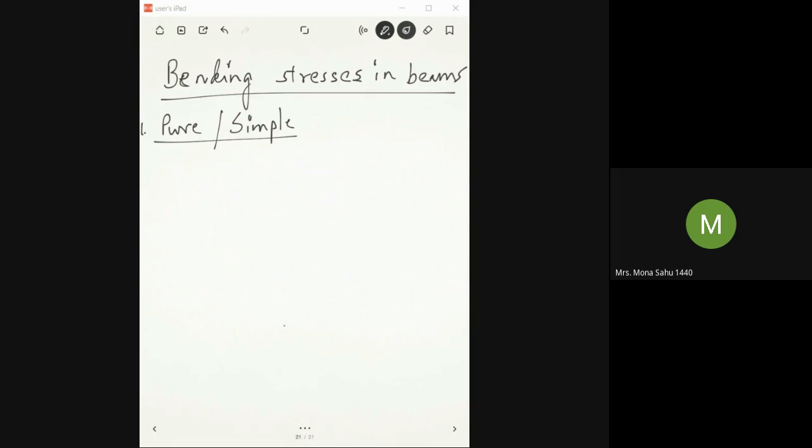So let's draw an overhanging beam. So this is your overhanging beam. And you have two loads on this. So this is one load and this is the other load. Both are W. Okay. And A, B.